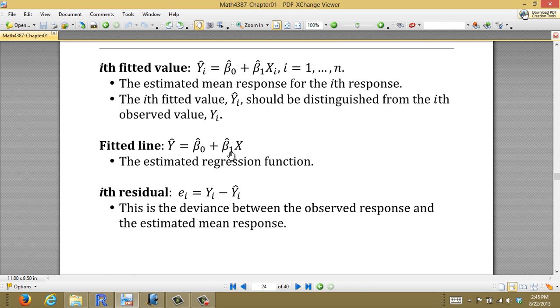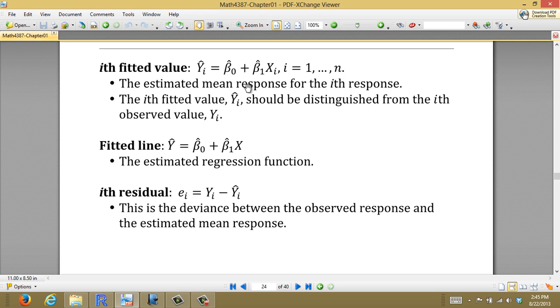So with that, we have some terminology that we should use. The ith fitted value, y hat sub i, is equal to beta naught hat plus beta 1 hat x sub i, for i equals 1 to n. So y hat sub i is the estimated mean response for the ith response.